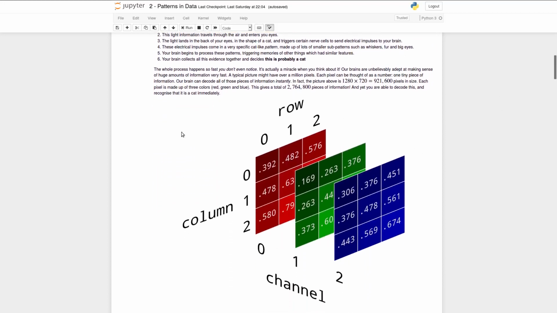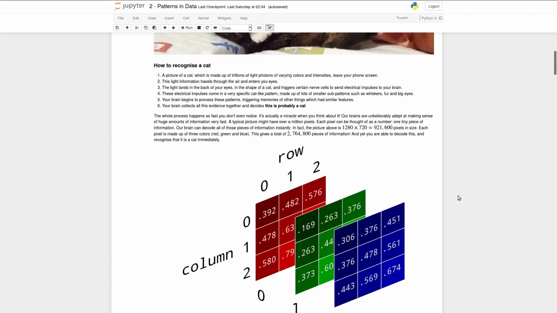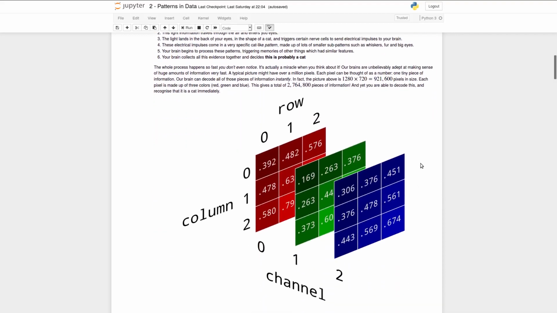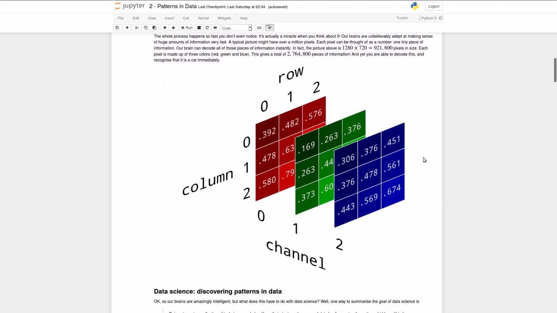So if you don't know, this is how we store digital photos. It's basically just a list of numbers in each direction. So you've got a rectangle photo, you've got a rectangle of numbers, and at each position you've got 3 numbers, which represent the amount of green, red, and blue in that individual pixel. So in this picture here, we've got 3 million little numbers, 3 million little intensities of light that are leaving the screen and entering your eyes.